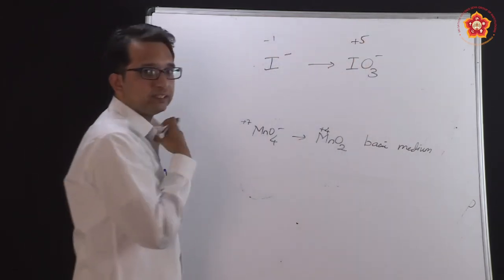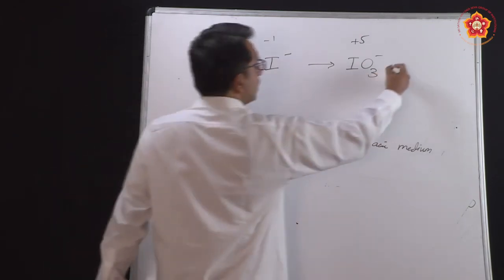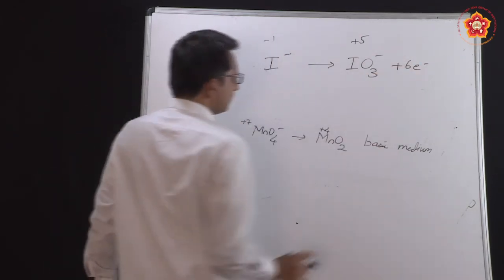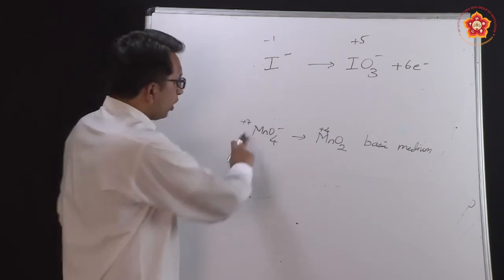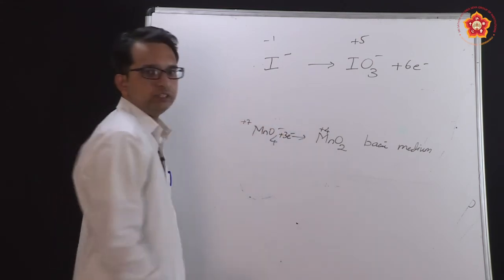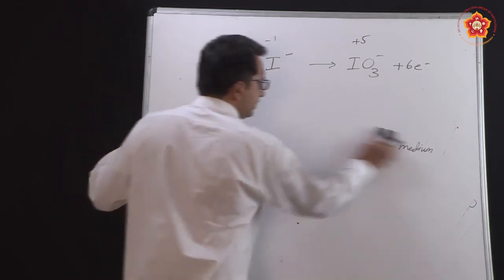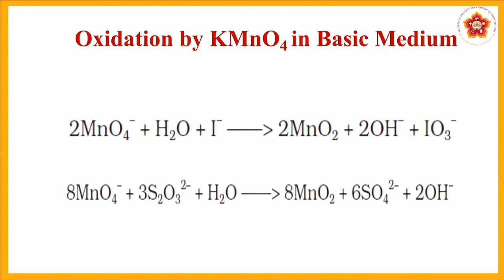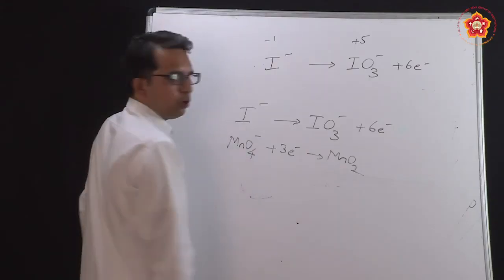So in this case it has lost 6 electrons, -1 to +5 is a loss of 6 electrons. +7 to +4 means that it has taken in 3 electrons. So writing this reaction for our understanding now, I minus is giving rise to IO3 minus plus 6 electrons, whereas MnO4 minus is taking 3 electrons to form MnO2, because the change of oxidation is from +7 to +4 state.